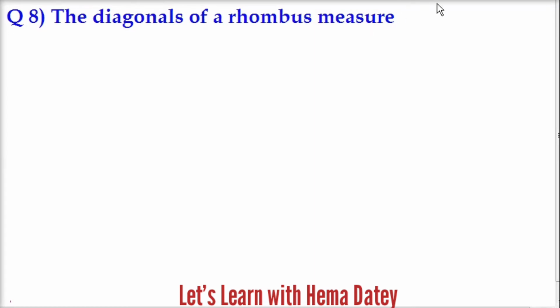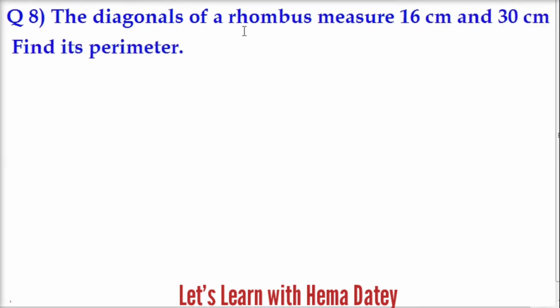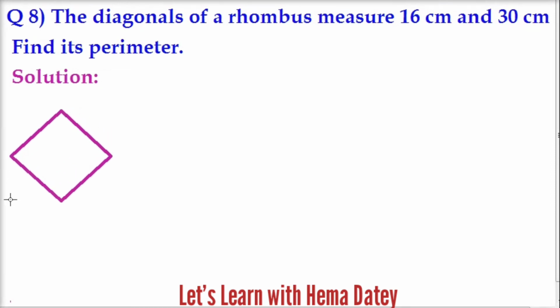Question number 8. The diagonals of a rhombus measure 16 centimeters and 30 centimeters. Find its perimeter. So let's start the solution. First of all, we'll draw a rhombus. In a rhombus, the opposite angles are equal and all the 4 sides are also equal.